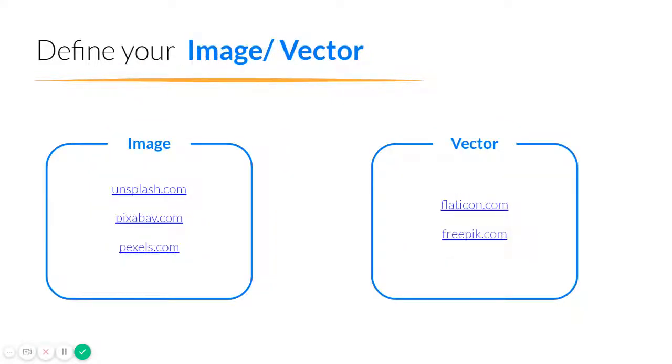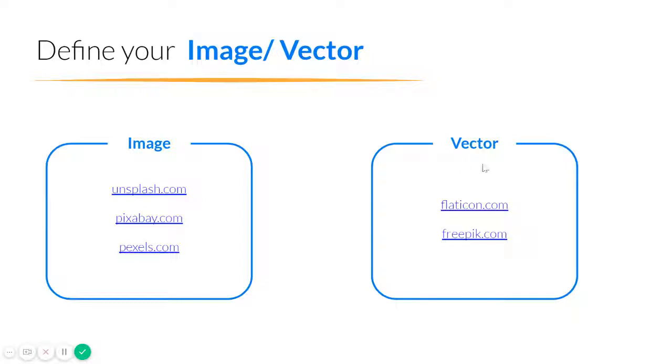First, define your image or vector. So suppose you want to communicate a message about productivity. You can get photos about productivity on these few websites, and Unsplash is my favorite. They have really good high quality pictures that you can use in your images.